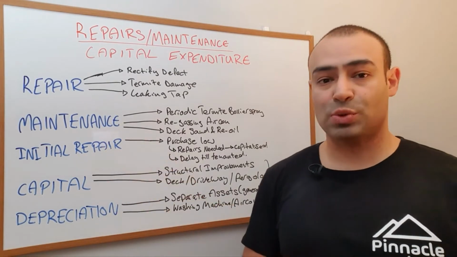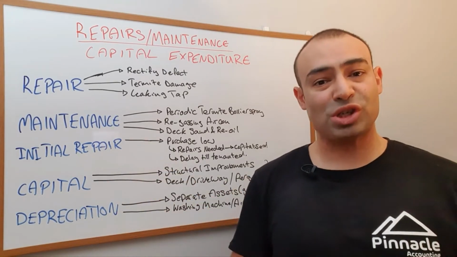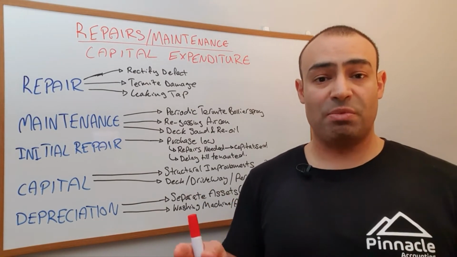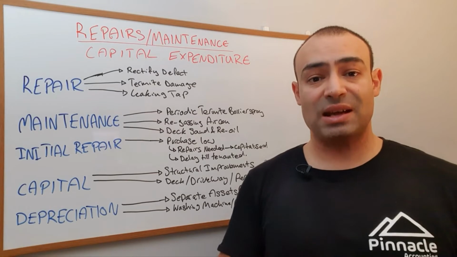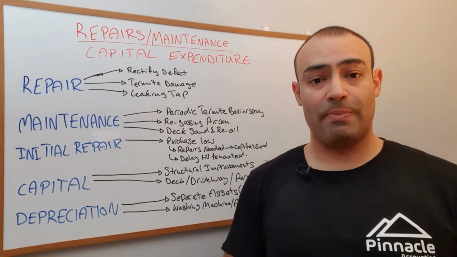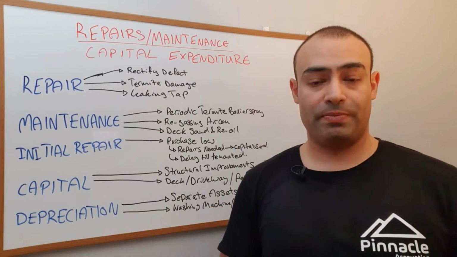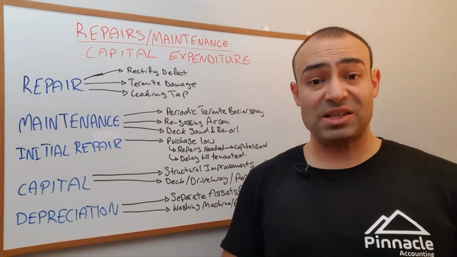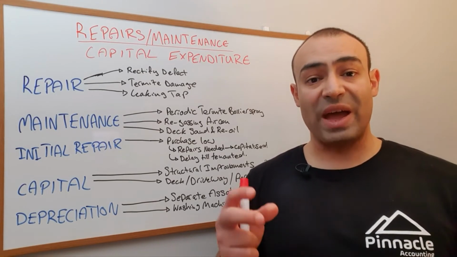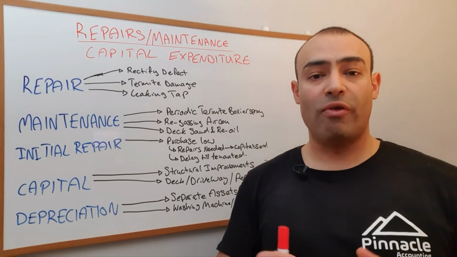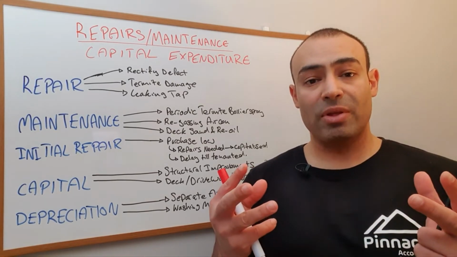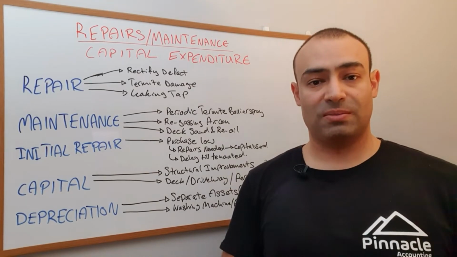Initial repairs is when you buy a property sort of on the cheap, and before the property is tenanted, before a tenant is in there and you are generating rental income, you decide to repair the property. Those expenses form part of the cost base, which means they are added to the price of the property to become part of the overall cost.